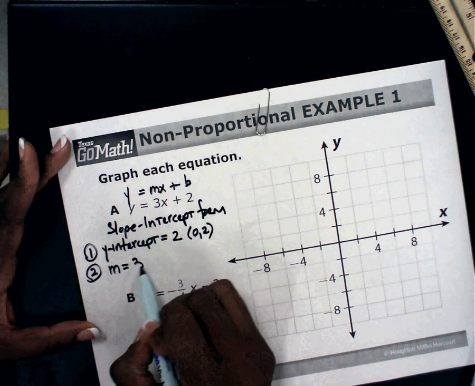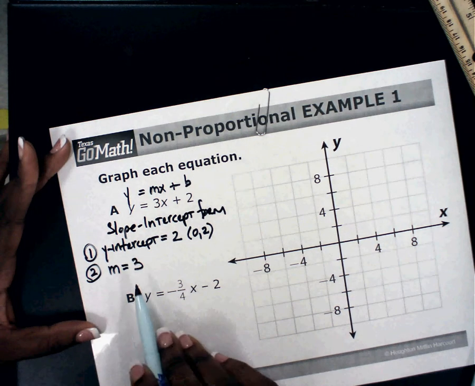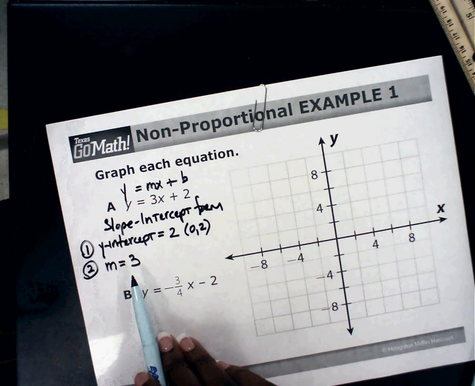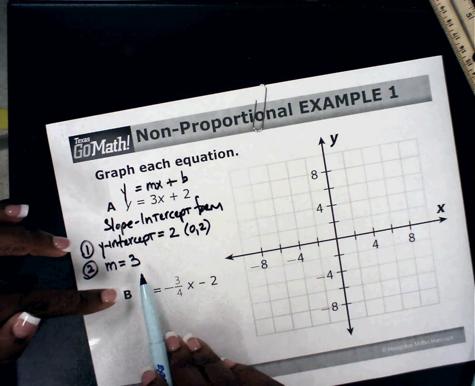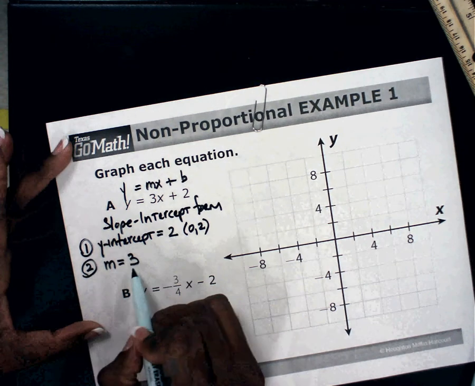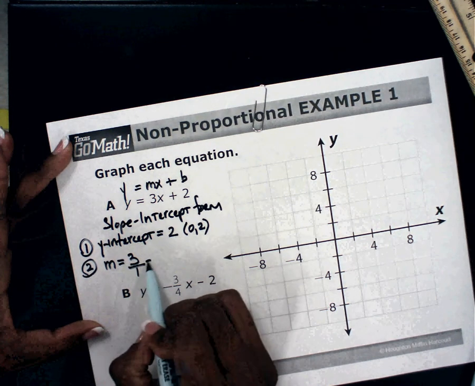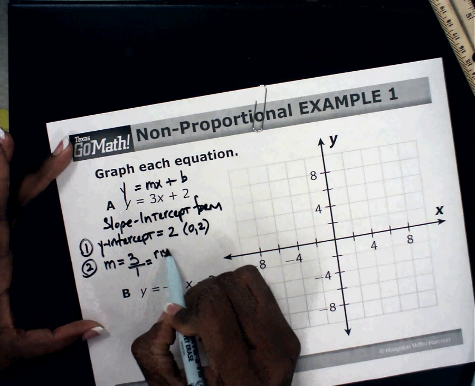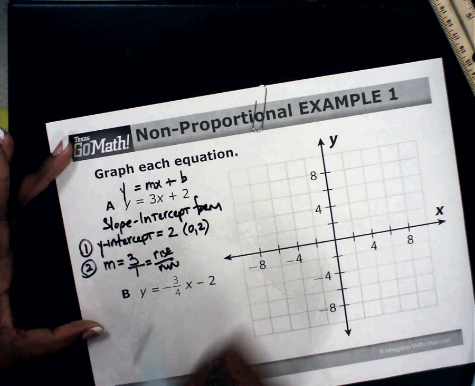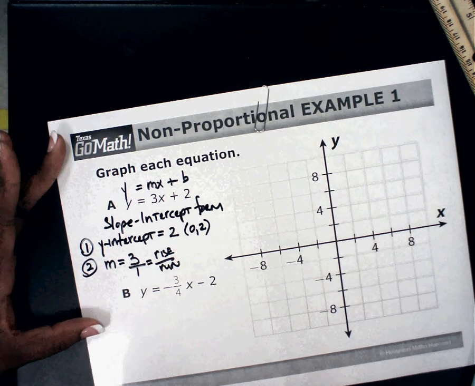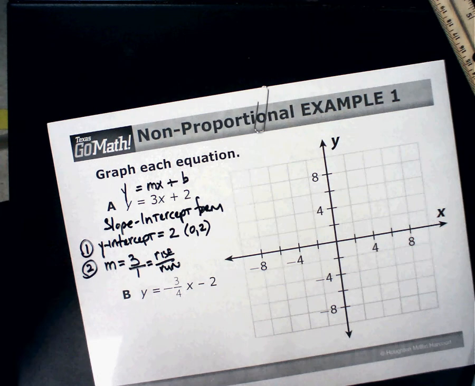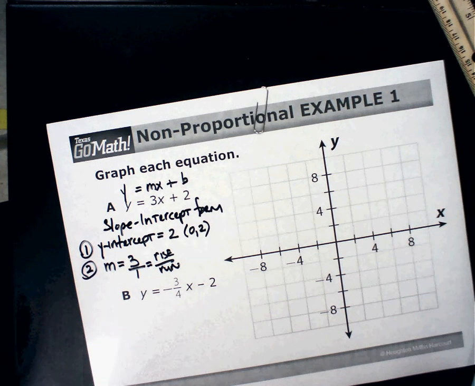And we know that slope is rise over run, so I want to convert this whole number to a fraction, so I'm going to put this over 1, which gives me my rise over my run. Okay, so those are the two bits of information that you need before you can graph an equation.